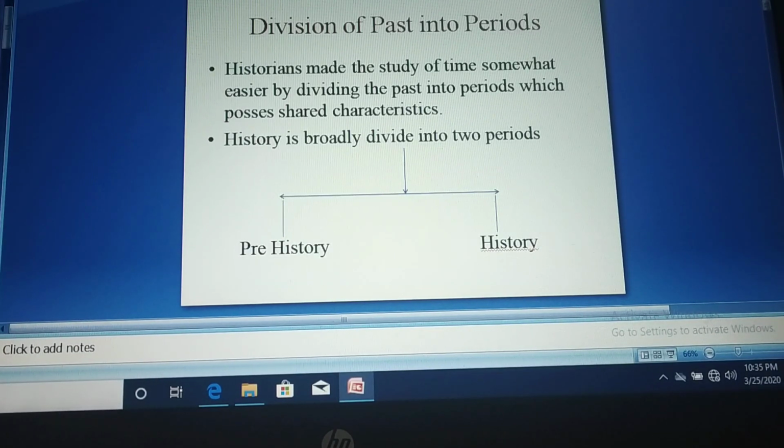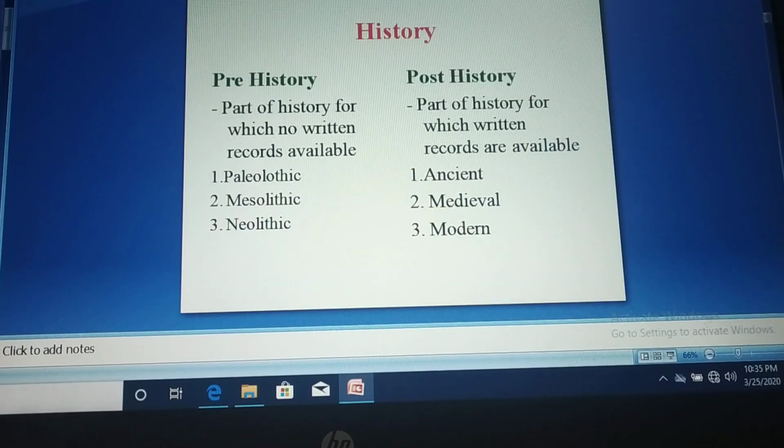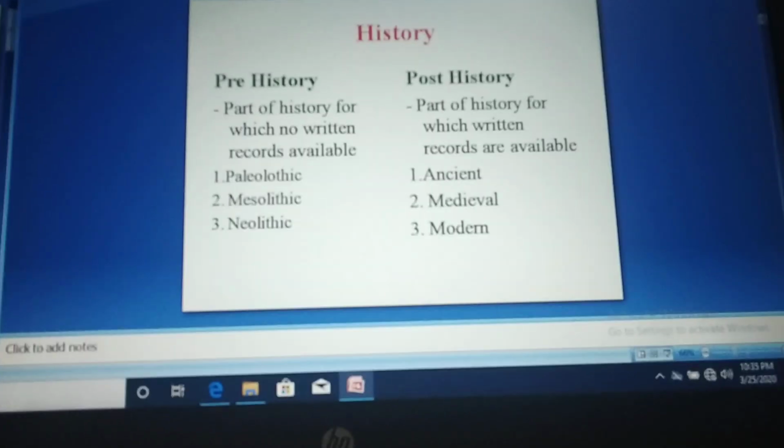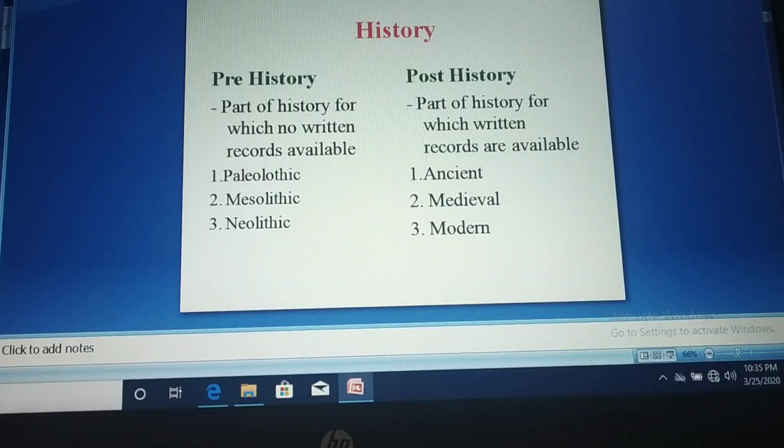The 2 broad classifications of history which we generally do are prehistory and history. Prehistory is that part of history for which we find no or very little written evidence, and history is the part for which there is a lot of written evidence available.